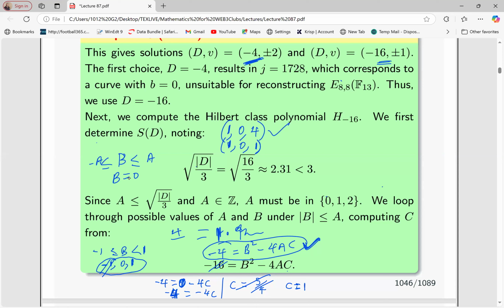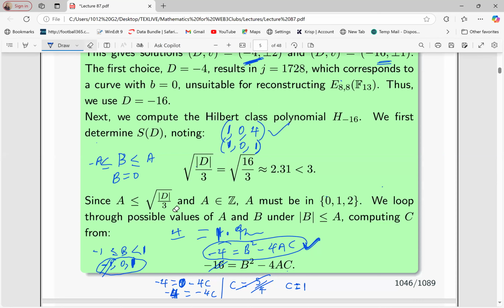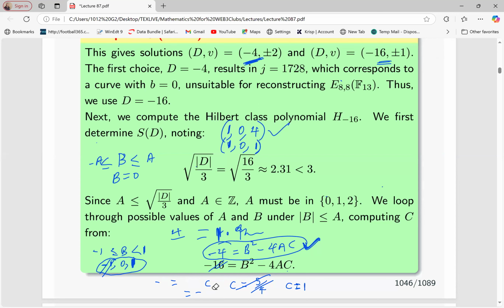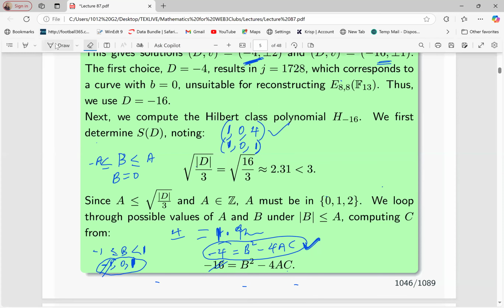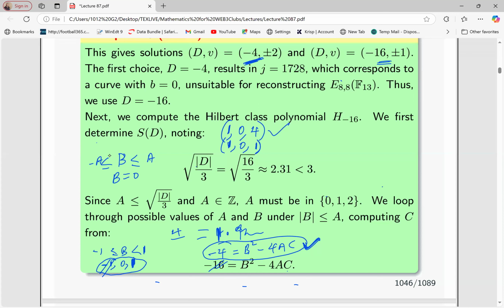Let's finish by checking whether B can also be 1, again using the same equation. All these calculations I've done already, but I want us to calculate from here, and after that I'll show you the calculations. Let's consider B as 1.